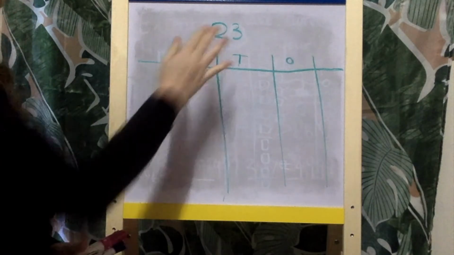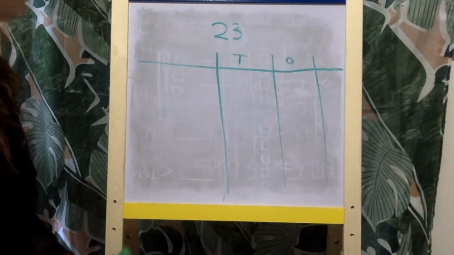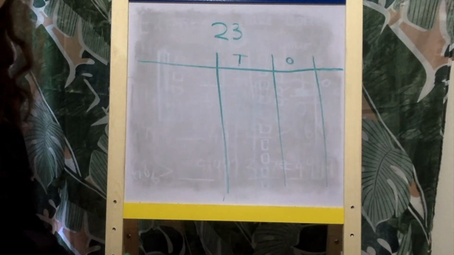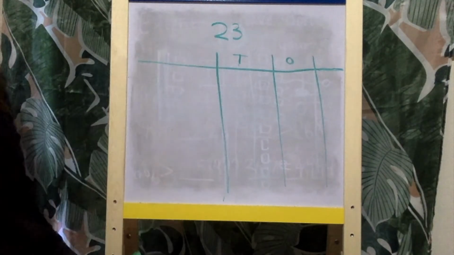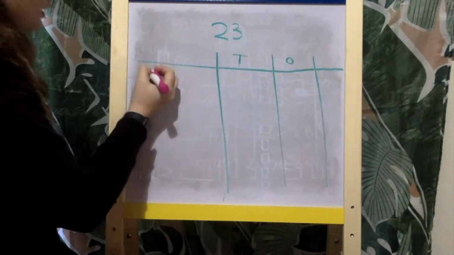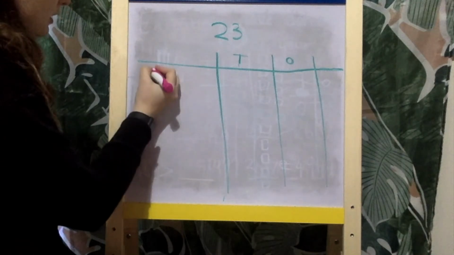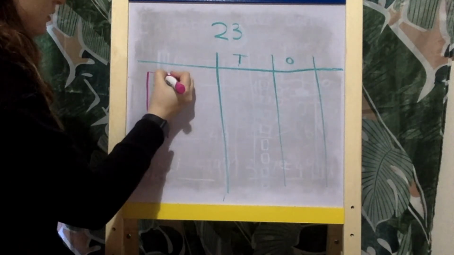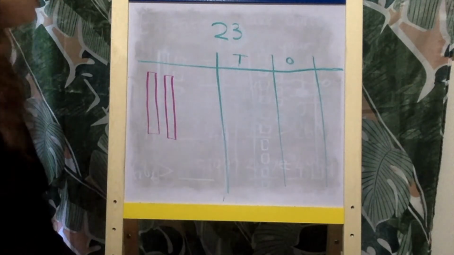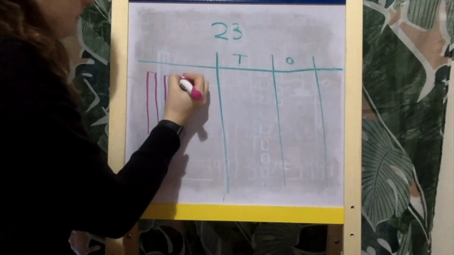So the first one, let's start with our standard way because we know that's the easiest, most efficient way to make this number. So I would need 2 10s.